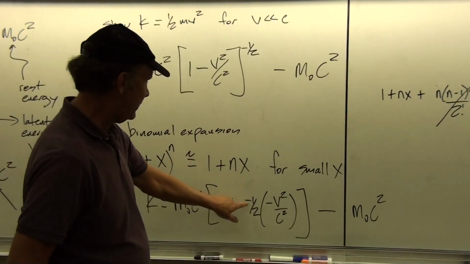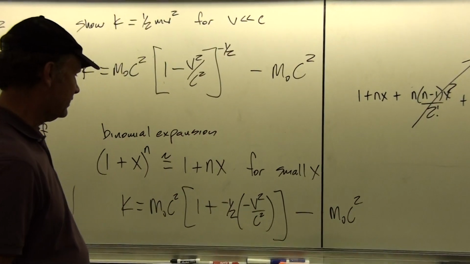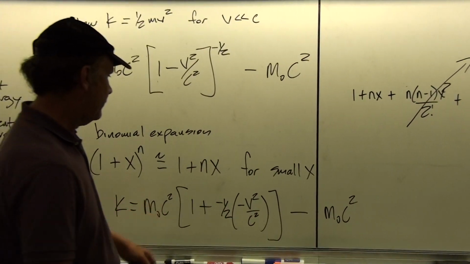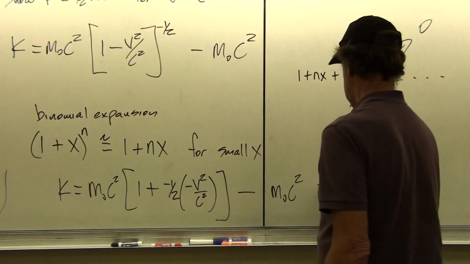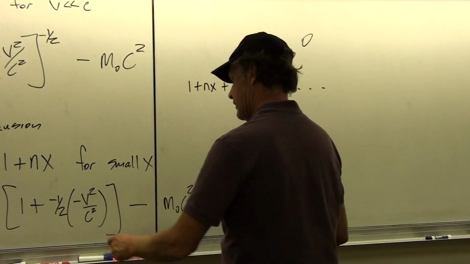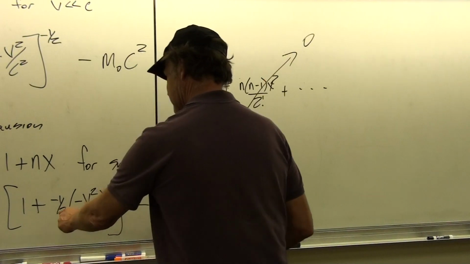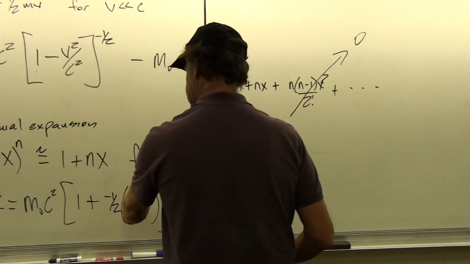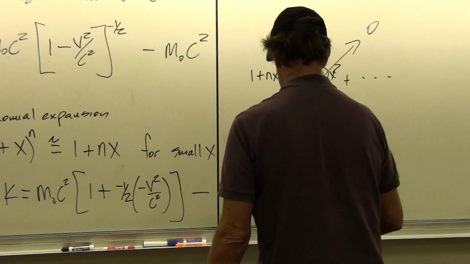And then that's going to cancel out this negative sign. And so what we end up with then is just m naught c squared. And here we've got, this is minus 1/2 and that's minus. So those two minus signs cancel.